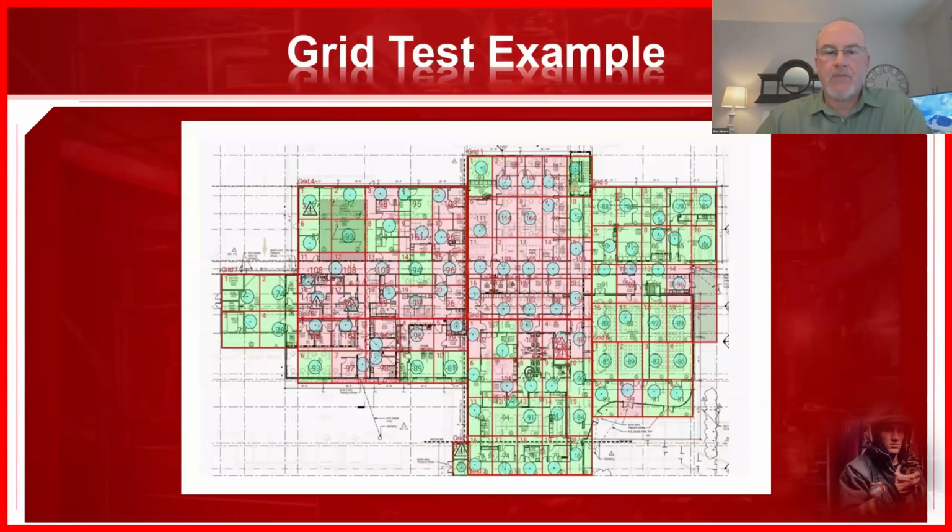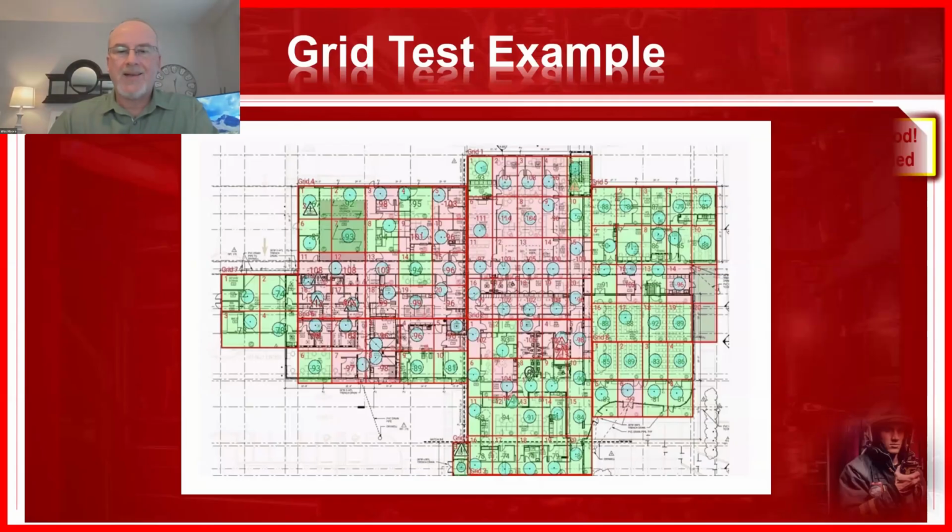Now, this is an actual image of a report from one of these tests in a building here in the South Carolina area. And so you can see here, and again, you probably won't see the detail, but you can see the grids. If you look, you'll see the red lines going horizontally and vertically. You'll see the little circles in the middle of those grids. Those are giving you numbers. In this case, this is the RSSI number. And then you can see green or red in those grids.